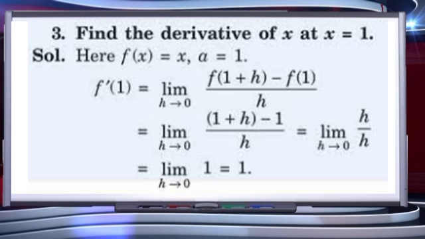So that reduces to limit h tends to 0, 1 plus h minus 1 over h. That is limit h tends to 0 of h over h. Both will get cancelled. Hence limit h tends to 0 of 1, that is 1 only.